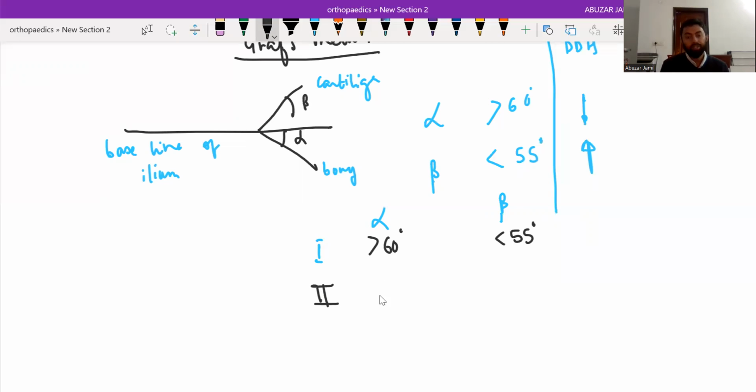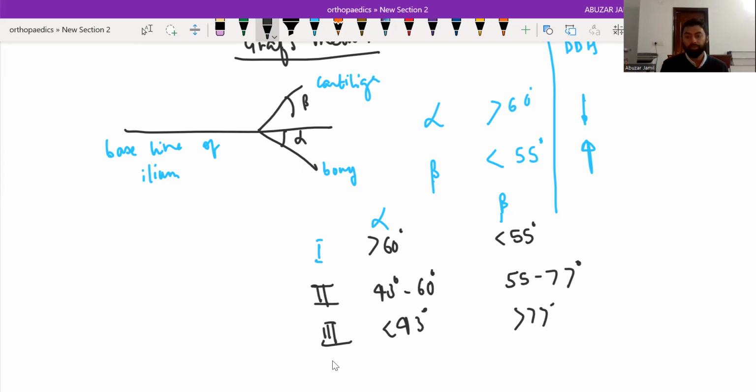In type 2, alpha angle gets reduced, so it becomes 43 degrees to 60 degrees, and beta angle increases and the range becomes 55 degrees to 77 degrees. And in the third category, alpha angle gets reduced, it becomes less than 43 degrees, and beta angle becomes more than 77 degrees.